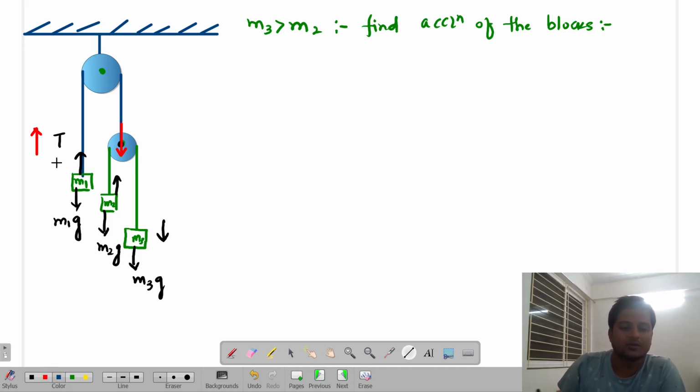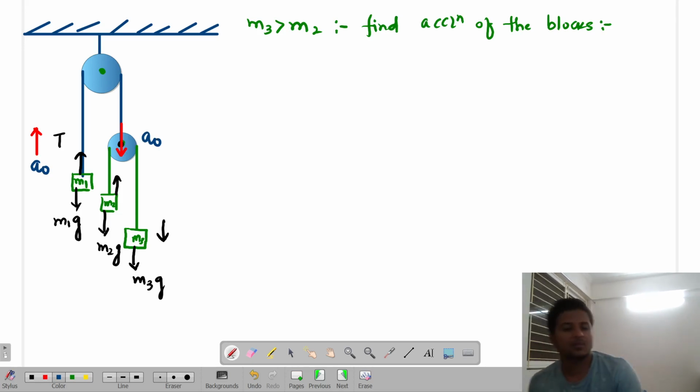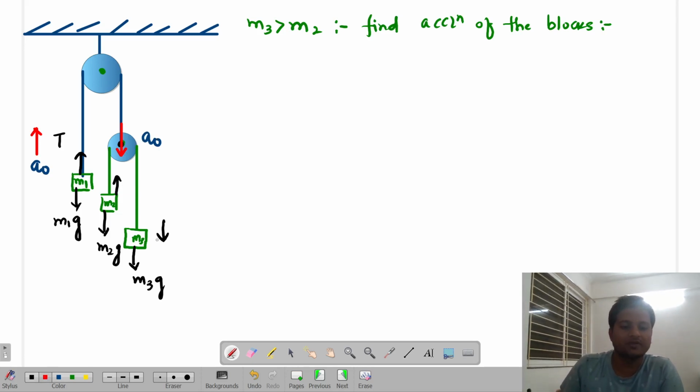Let's suppose it is going up with an acceleration A naught. So the pulley will also go down with acceleration A naught. But these two blocks, since these two threads are different, will have different accelerations, A and A. Are you able to get me or not?